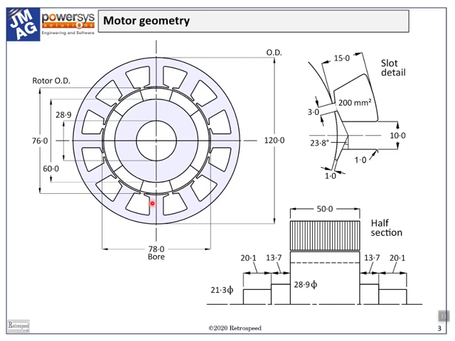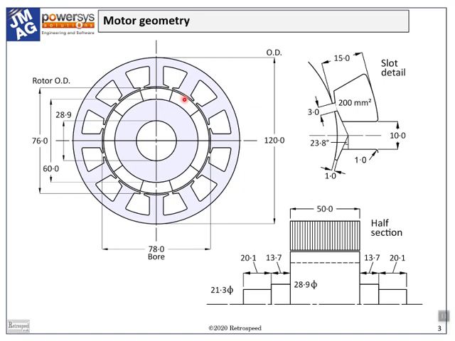So let's just take stock of the main dimensions. The stator outside diameter is 120 millimeters and the stack length is 50 millimeters. The rotor outside diameter is 76 millimeters and the air gap length is 1 millimeter on a radius.